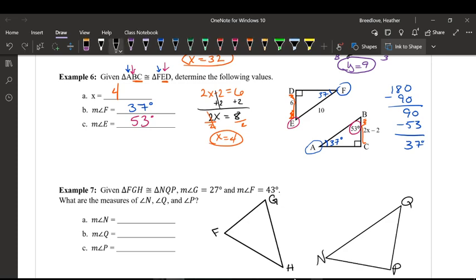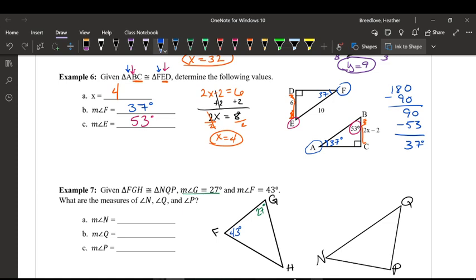So I just drew 2 triangles and I labeled their parts. The measure of G is 27 degrees, so I can add that to my picture. Here's G. I'm going to make it 27 degrees. The measure of angle F is 43 degrees. Here's F, and that's 43. What are the measures of N, Q, P?